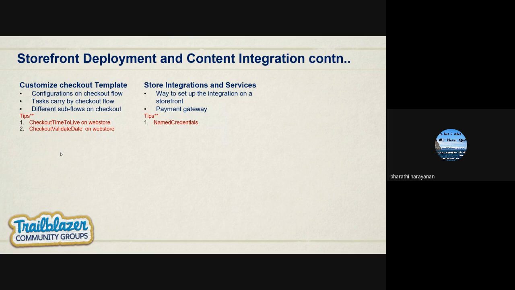In between that time, the ordering page should be held on the web store. With the help of checkout time to live and checkout validate date only, we are holding the activation session, and we are adjusting the activation session by using these options only. These are the things we have to keep in mind.